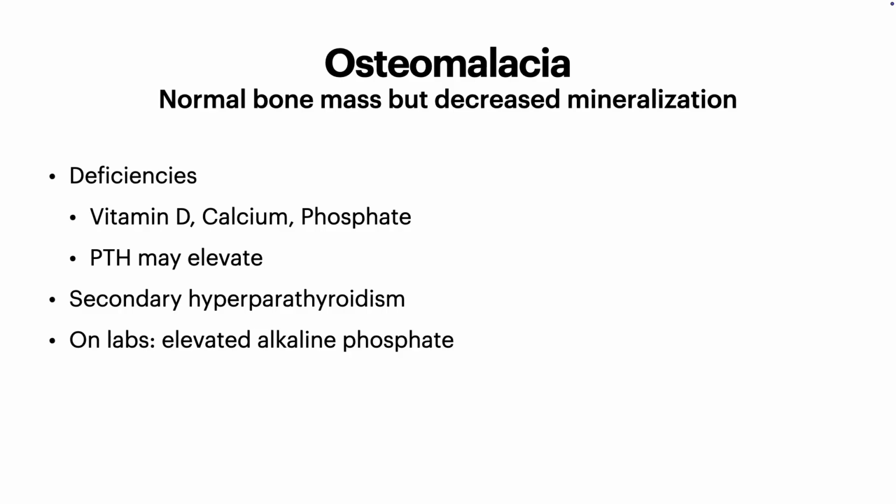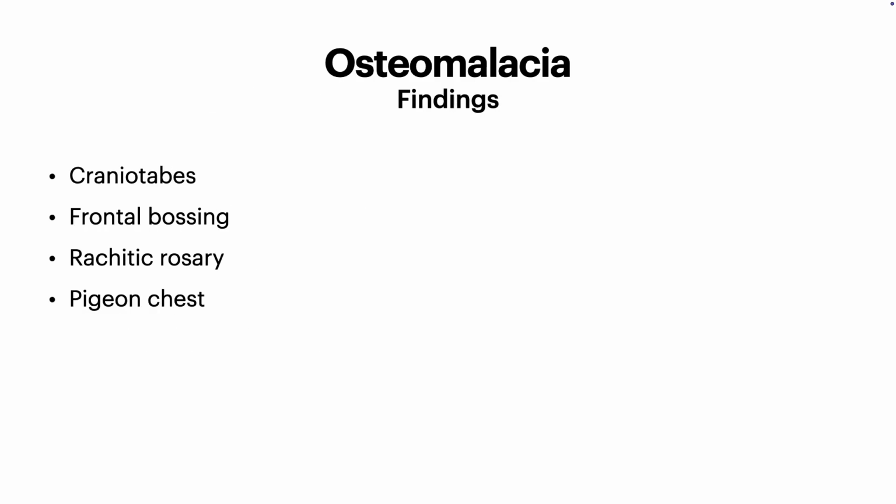And so these are also some findings that you could see in osteomalacia. Craniotabes is the thinning of the bone of the skull, and that's simply because your osteoclasts are going absolutely haywire trying to get their calcium, and they're trying to get minerals. Your body's trying to get the minerals it needs, so it's just breaking down the bone. Frontal bossing, I just think of a Minecraft head, like a box head, because that could be a sign.